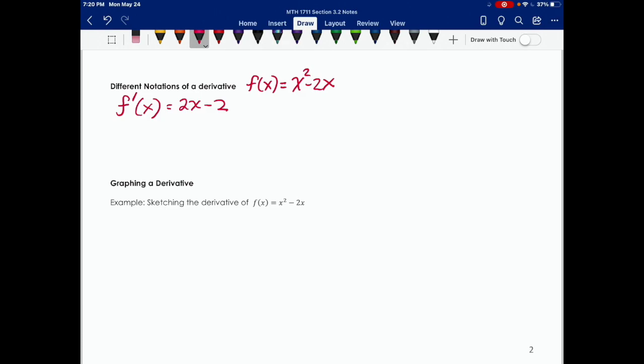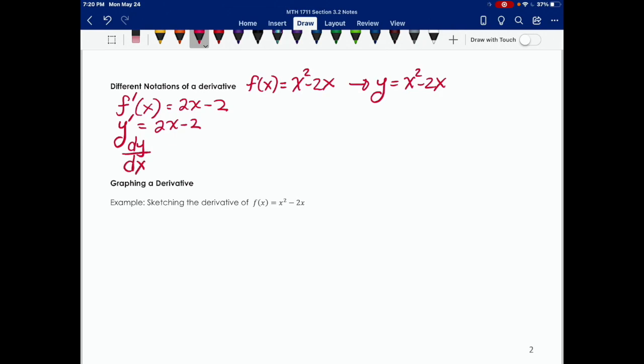And our derivative would be 2x minus 2. Another way that we can write this, if we're using y notation, y equals x squared minus 2x, then we can also use the notation that looks like this, y with a little slash up there, and we'll write down that the derivative is 2x minus 2.